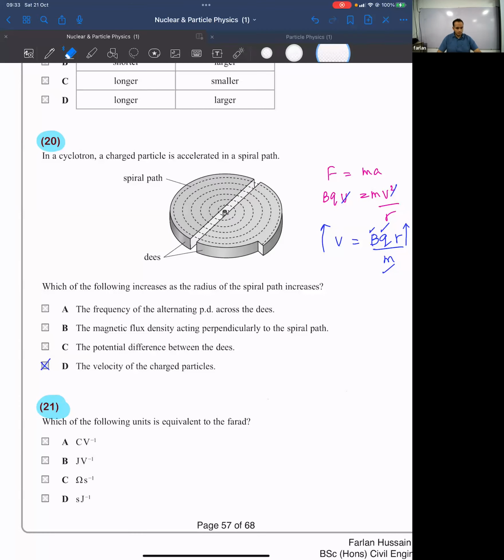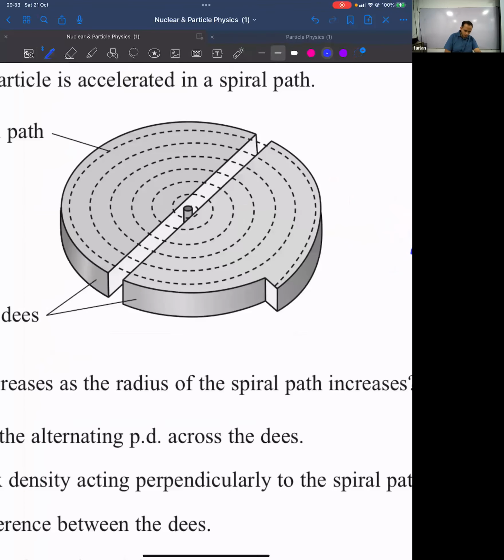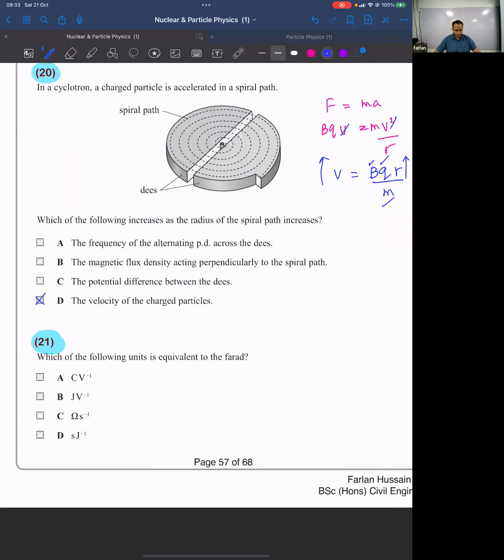The potential difference is applied between these two Ds. That is constant, no? The potential difference between the Ds is a constant.